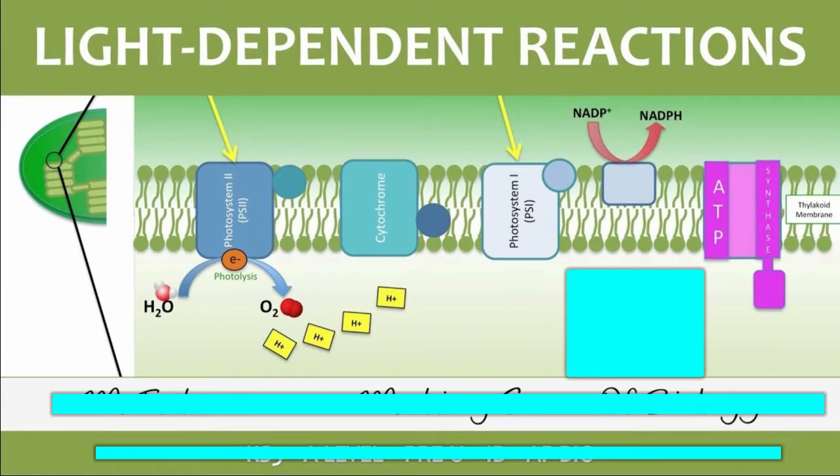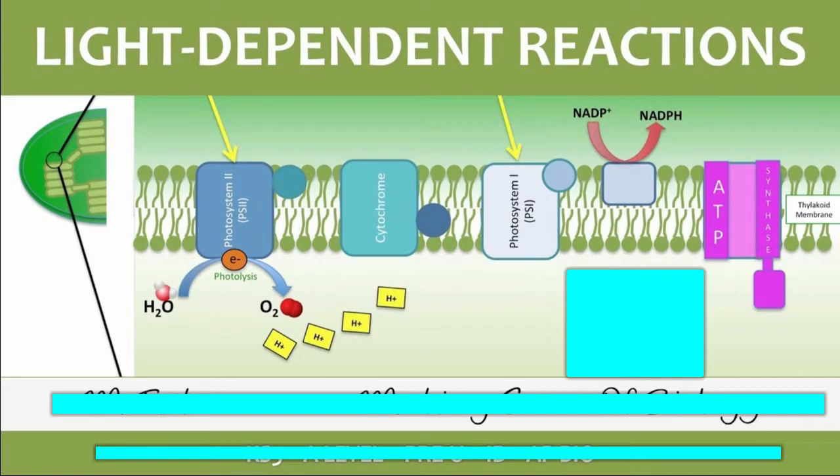Second step is photolysis of water. In this process, it absorbs sunlight, splits water molecules into hydrogen ions and hydroxyl ions and releases electrons. This phenomenon of splitting of water into two compounds under the influence of light energy is called photolysis.